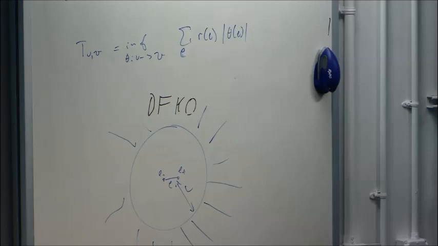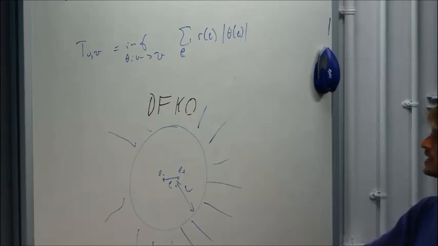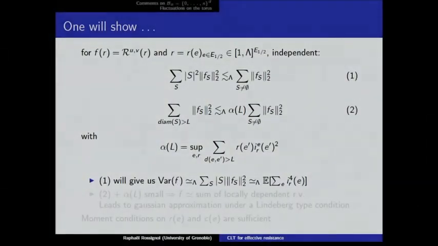So what will be the consequences? One, the first inequality will give us that the variance is in fact of the same order as the upper bound of the Poincaré inequality, which is essentially the mean of the sum of I_R to the fourth of V. So you asked what kind of bound on the variance we have.